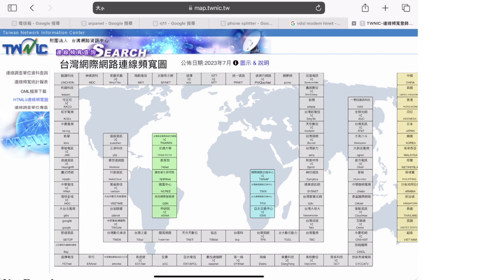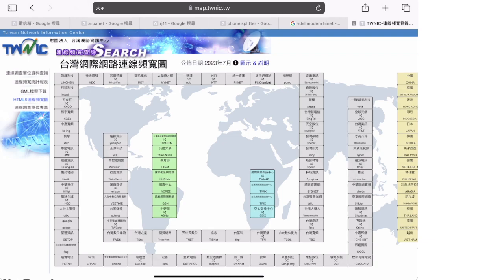The difference between Tier 1 and Tier 2 ISP is that in Taiwan, Tier 1 ISPs can build their own last mile. For example, they can deploy phone lines from their telecom center to your household.